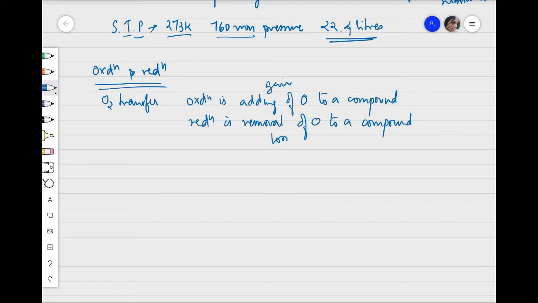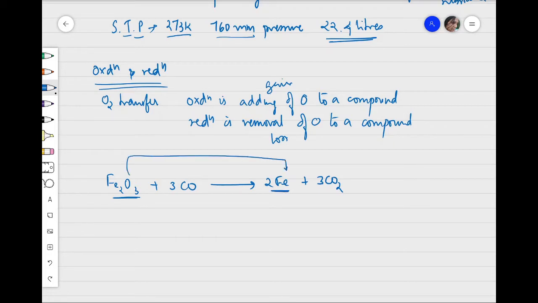So നമുക്കിപ്പോൾ ഒരു typical example, okay, Fe2O3 plus 3CO giving 2Fe plus 3CO2. Feയിൽ 3 oxygen ഉണ്ടായിരുന്നു, ഇവിടെ വന്നപ്പോൾ നോക്കൂ oxygen പോയി. So this is loss of oxygen, Fe has lost its oxygen, so Fe is getting reduced.